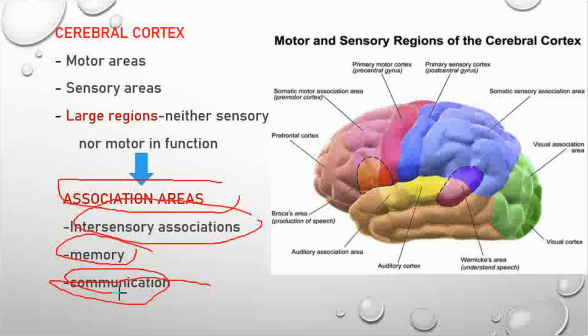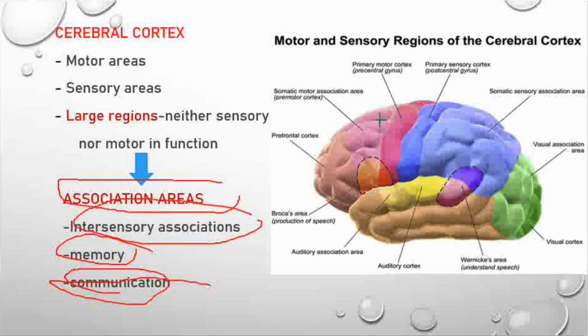These association areas also act as a link between the sensory and the motor areas. Only the name they have given is association areas. It is like a link between a motor area and a sensory area.